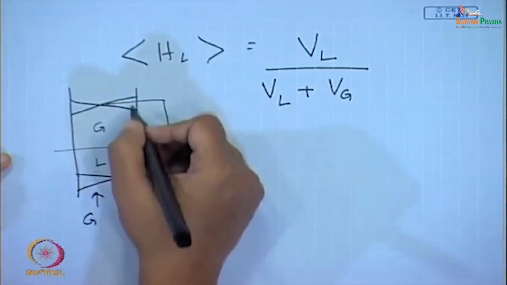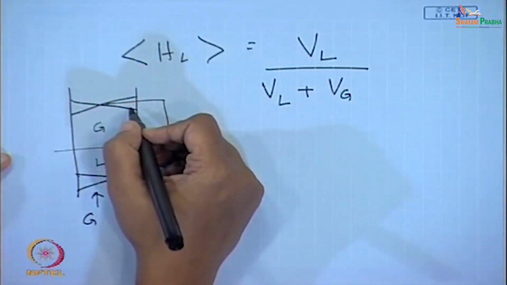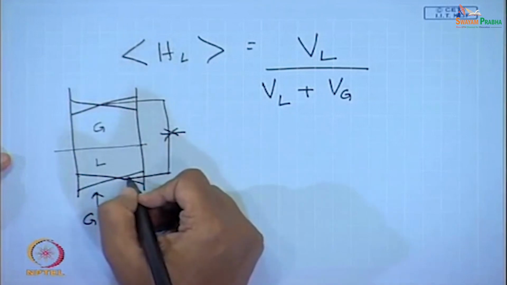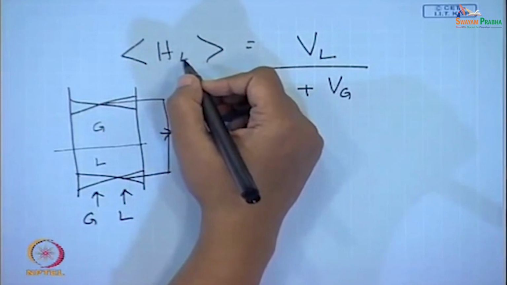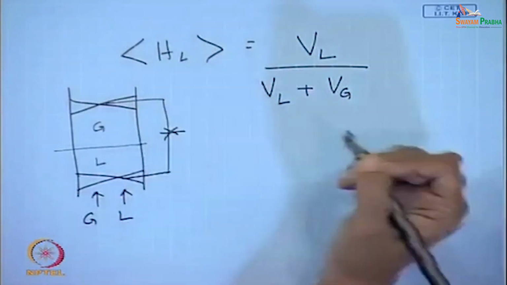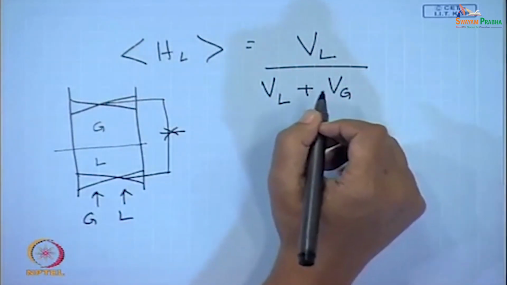We know the total volume of the conduit or the channel cross section which has been isolated. Therefore, accordingly we can measure the liquid hold up in this particular case, or we can measure the gas hold up or the gas voidage as the case may be.